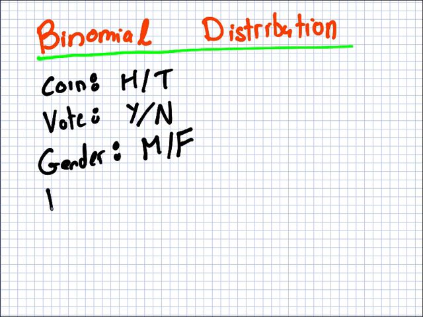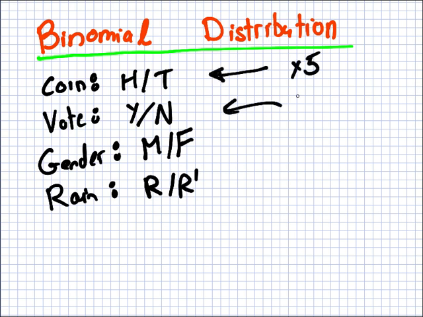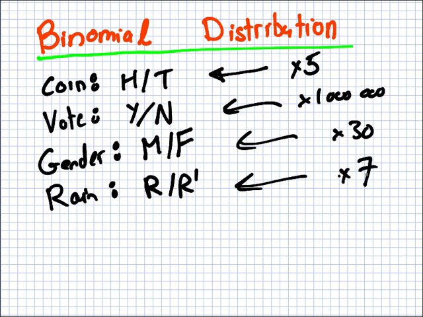If you're looking at rain, it could rain or not rain. These are all examples of binomial, except with one difference. With binomial, you always have something that's repeated. For example, you flip a coin 5 times, or 1 million people vote, or you're looking at a class of 30, or you're looking over the space of a week.